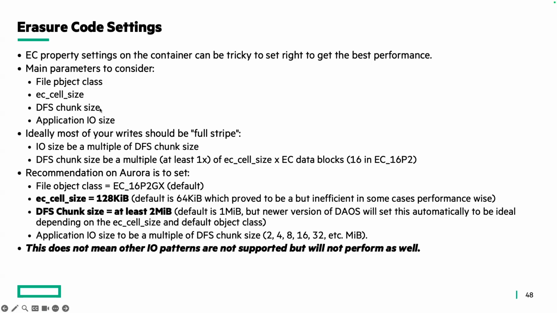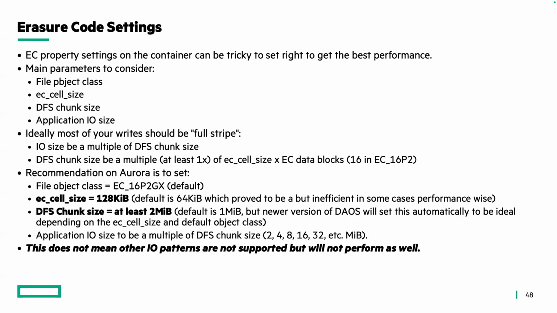As I said, usually the default works well if you're using the optimizations that we talked about with MPI-IO, or your data is well behaved. But if it is not, you might need to play with different settings when using erasure coding, like the object class, the cell size, the chunk size of DFS, like the striping of the DFS, and the application IO size.